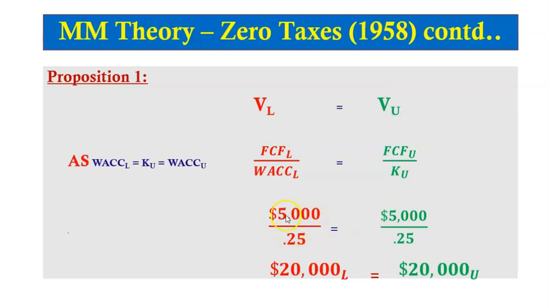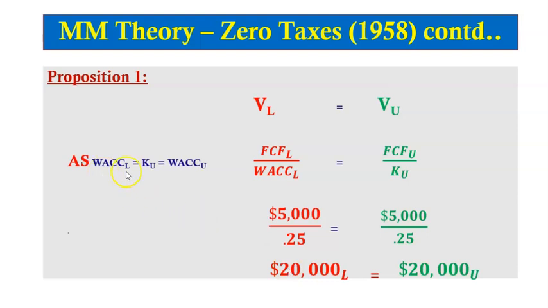So we divide $5,000, which is the free cash flow to the levered firm, by 25%, and this gives us 20,000. So we see here that the value of a levered firm is exactly equal to the value of unlevered firm, provided there are no corporate taxes and the assumptions as we have taken in line with theory are kept.